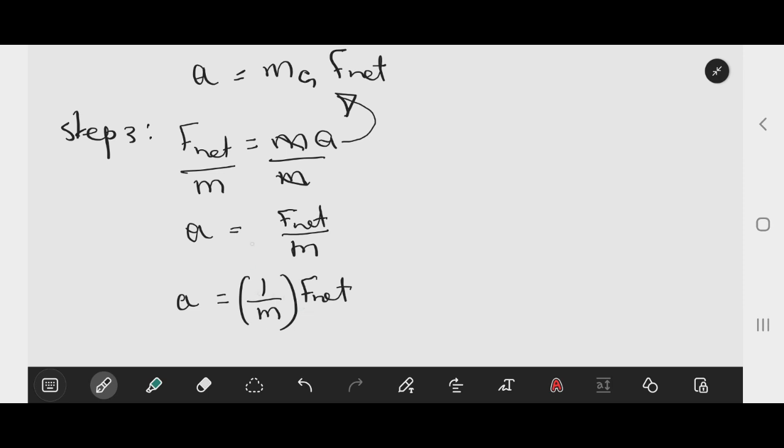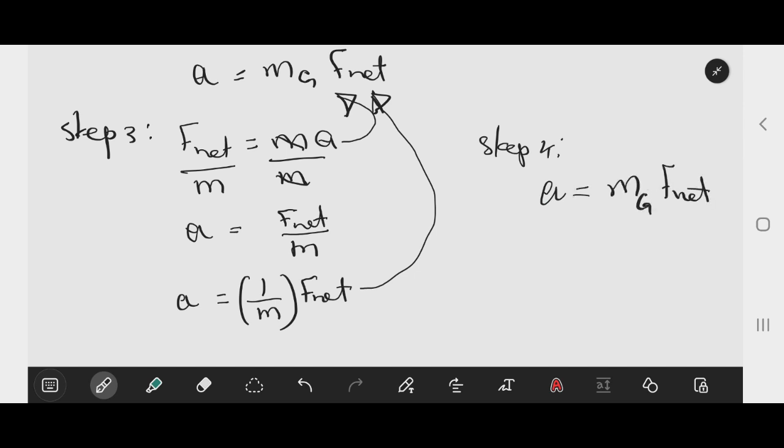So I have manipulated the original formula in such a way that it looks like the formula in step number 2. So step number 4, we compare the two, step 2 and step 3. In step 2, we have obtained acceleration is equal to the gradient times the net force, right? But in step number 3, we have obtained acceleration is equal to 1 over mass times the net force.